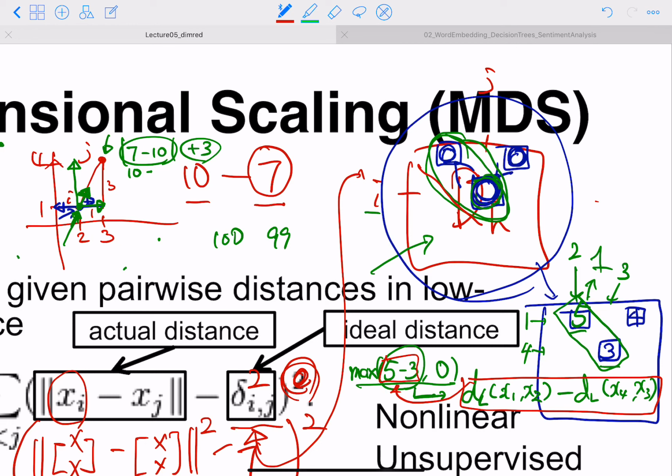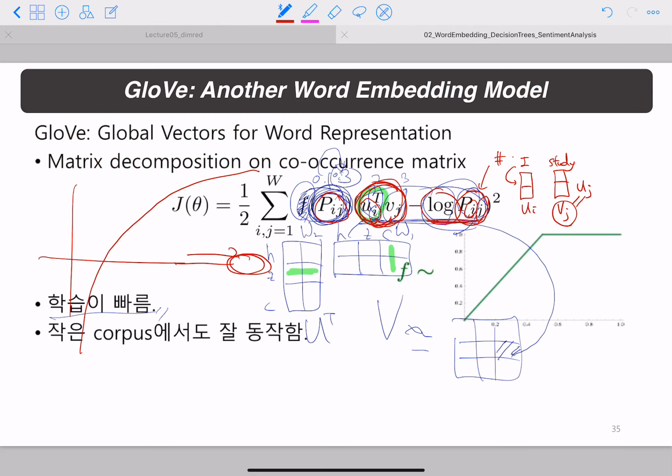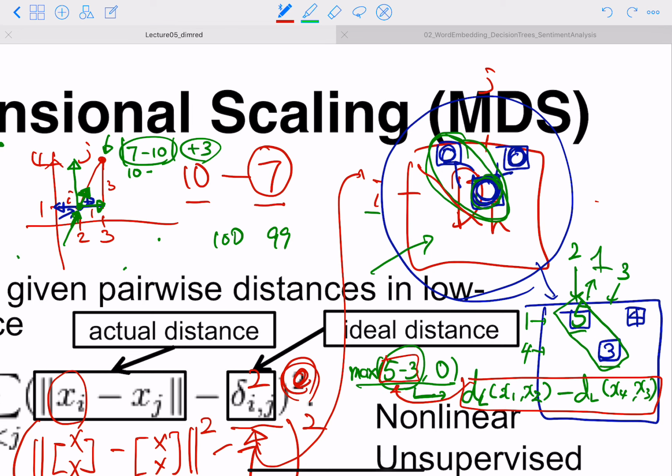And if it is a non-zero loss, then that will involve x1, x2, x4, and x3 and their low-dimensional coordinates, and we can accordingly update their coordinates. Okay.